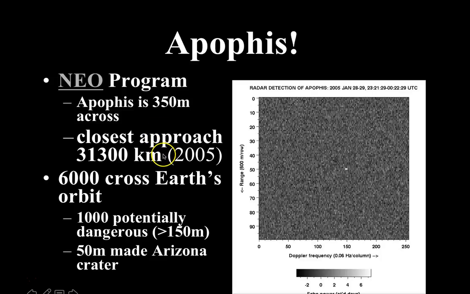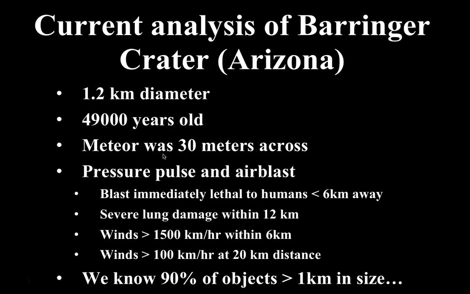But the chances of it hitting us are much, much less, as we have determined the orbit that this asteroid makes in better detail. So we found out that it's going to be a pretty amazing sight when it gets close to the Earth, but it's not going to run into the Earth.